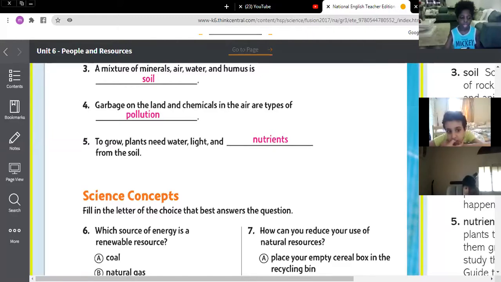Yazan, next. Explain it for us, please. Number 5. To grow, plants need fertilizer from soil, which is nutrients. Okay, what are nutrients? Do you know?